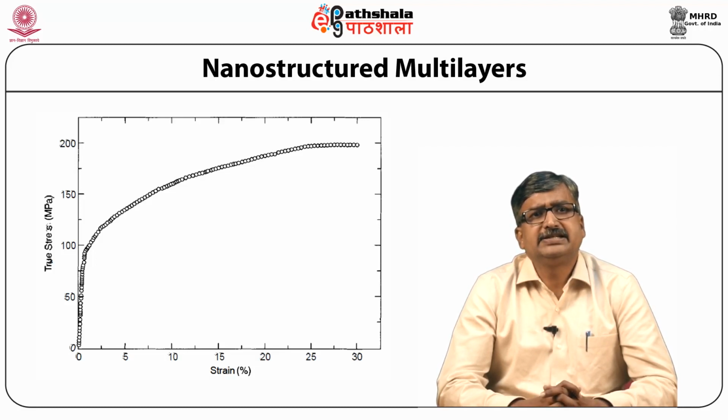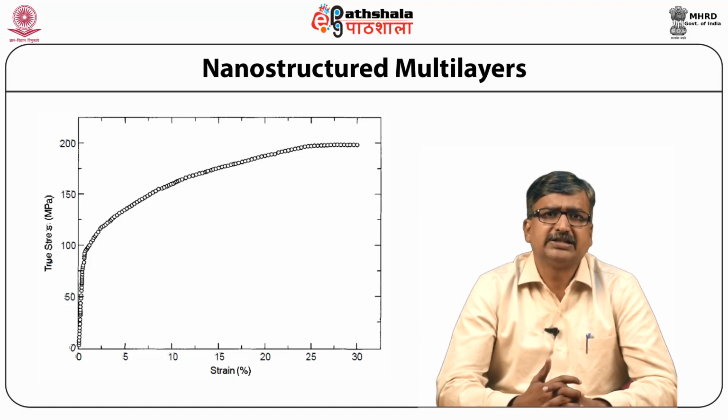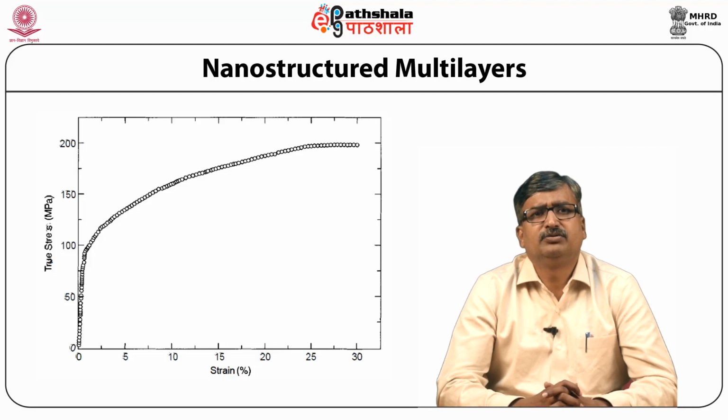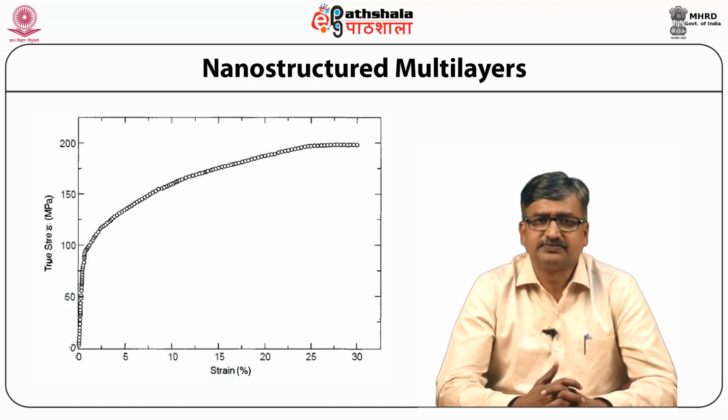The interfacial regions have a strong influence on the properties of these materials. These layered materials have very high hardness, which depends on the thickness of the layer, and good wear resistance. Hardness is measured using an indentation load-depth sensing apparatus, which is commercially available and is called a nanoindenter.